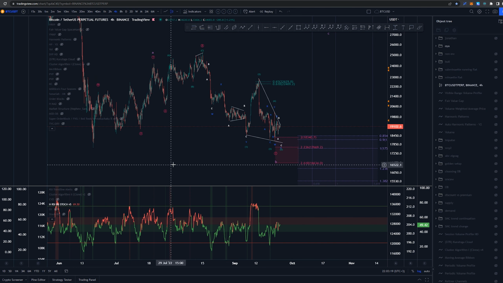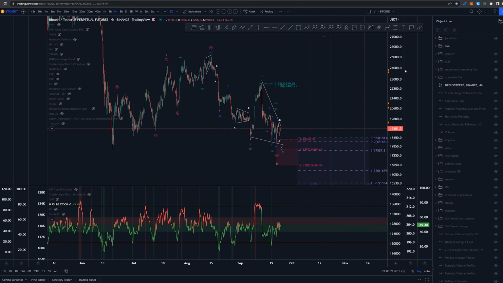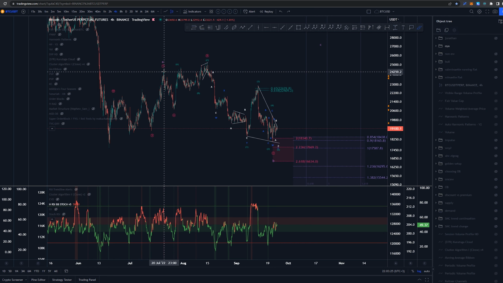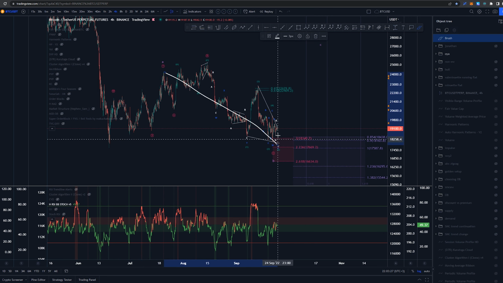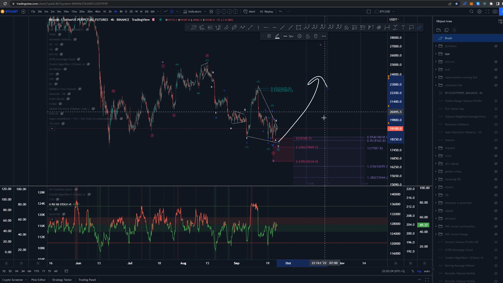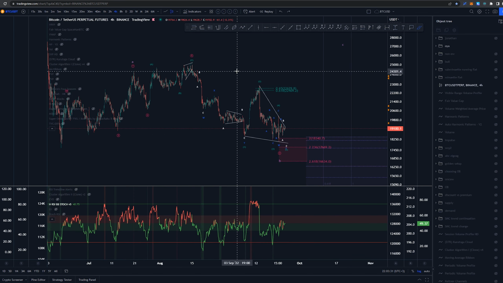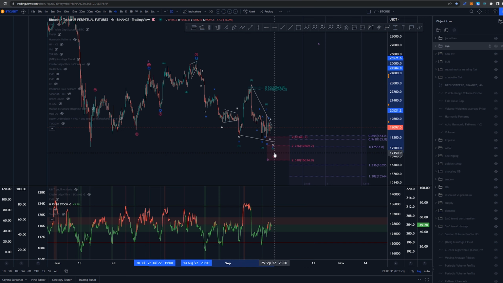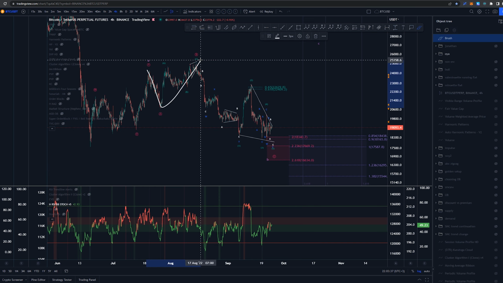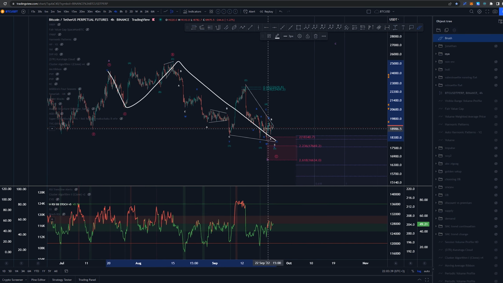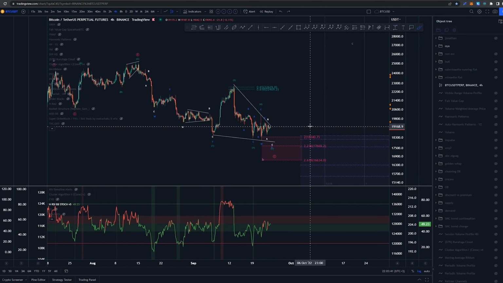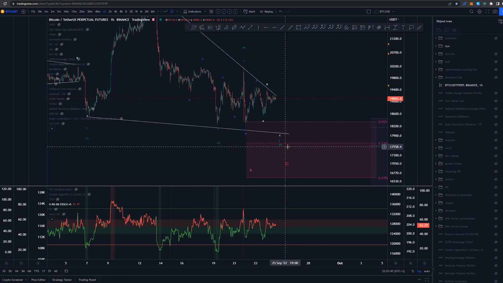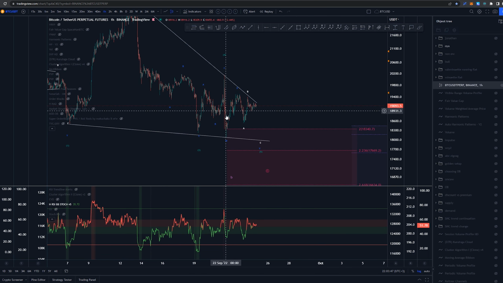Then we had Oil's count, at least he had this a few days ago, where he had this as an A, and then this whole structure would be a wave B, and then looking for that C wave to pump. The only issue that I have with this count is the proportions, where we have this as the A, B, and C. At the moment, according to this count, we would still be, I think, waiting for that possible fifth wave to come.